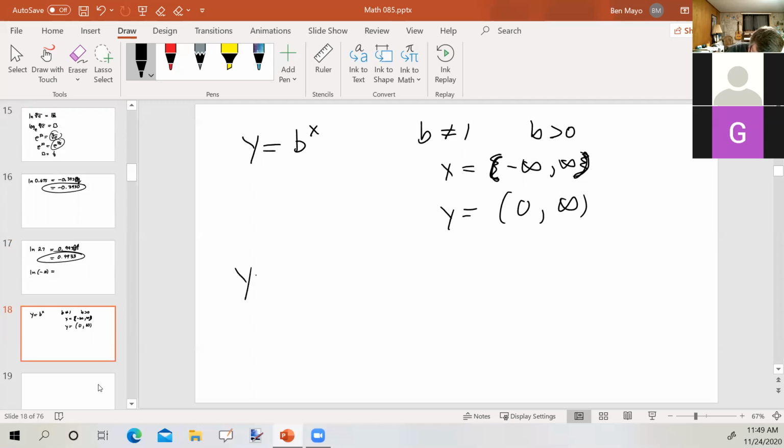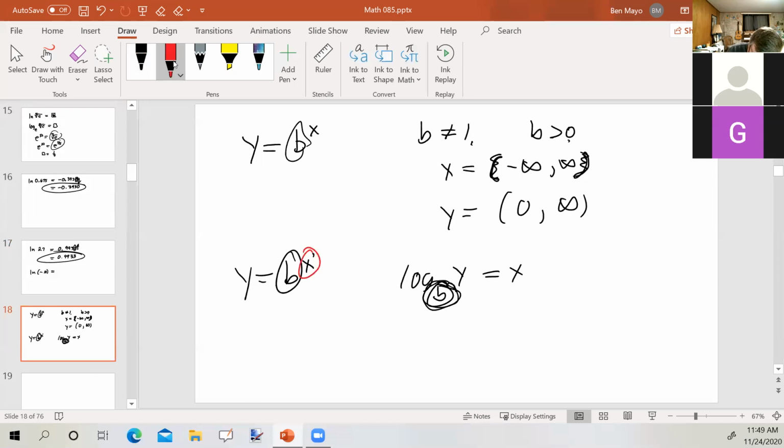Okay, so if I take this and I rewrite it in logarithmic form, this b is that b. Which means since the base can't equal 1 and has to be positive, log base b, the base can't equal 1 and it has to be positive. Okay, let's take a look at this x.